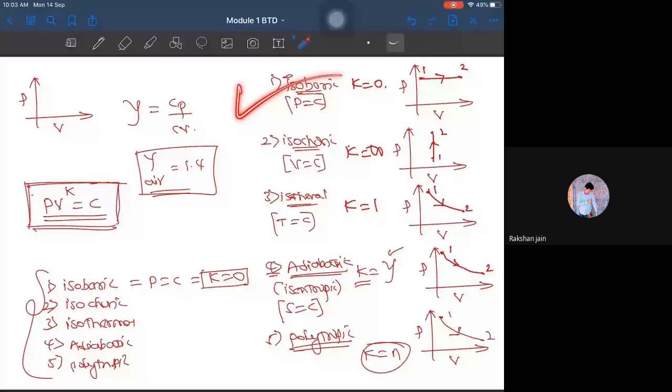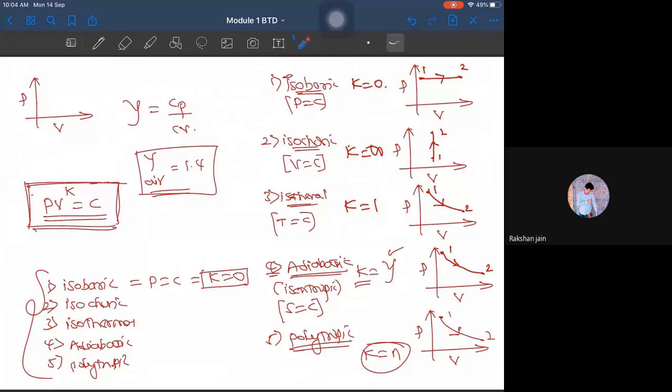It is represented as a horizontal line in a PV diagram. For an isochoric process, volume is constant and the value of K is infinite. That is why it is represented as a straight vertical line in a PV diagram.